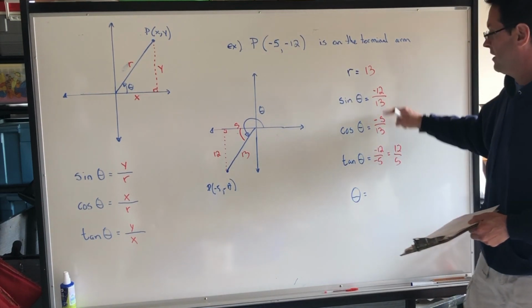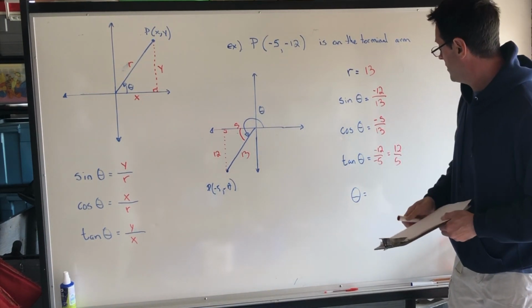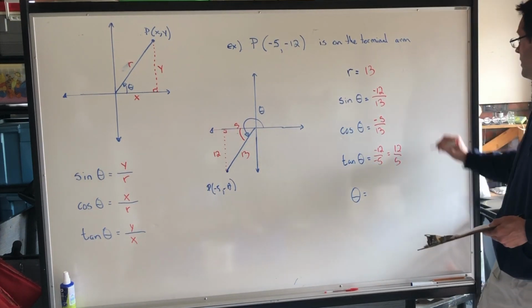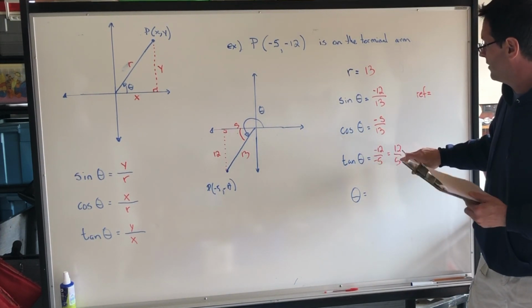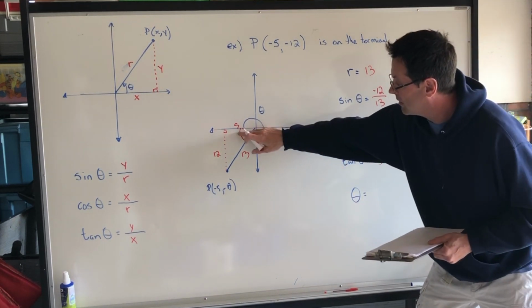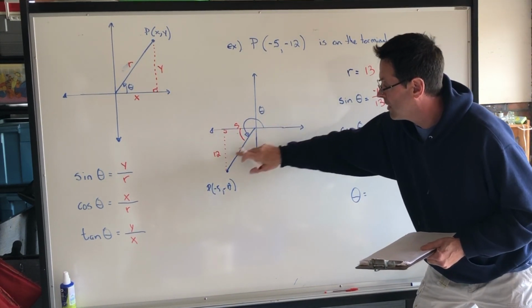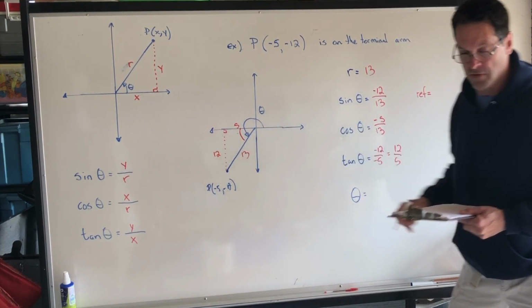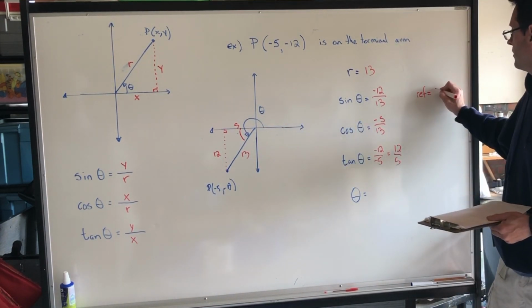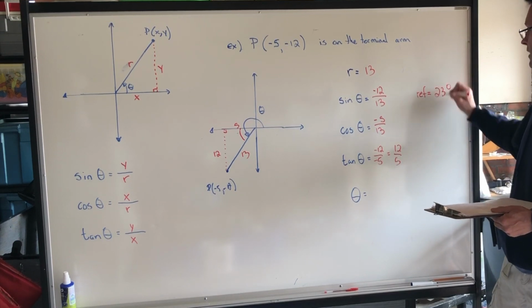We can use any of these to find the measure of the reference angle. The reference angle right here, we can treat this as a regular triangle. We can use sine, cosine, and tangent values of the reference triangle. We find that the reference angle is 23 degrees.